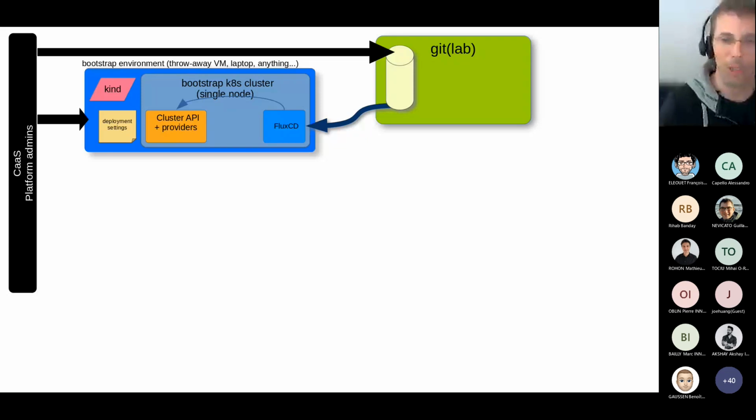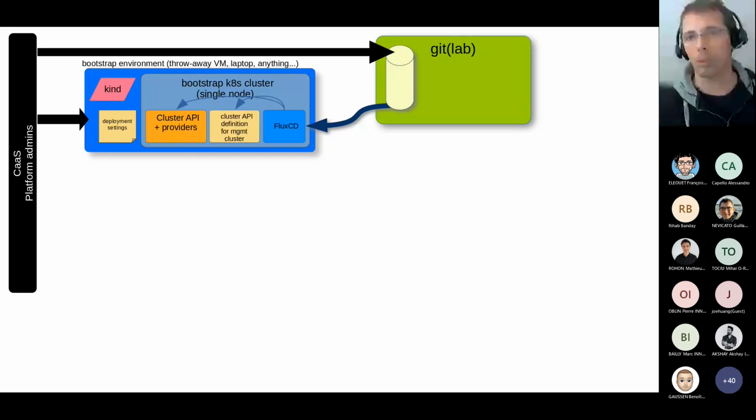And what we also define as Flux resources is the Kubernetes resources based on the cluster API CRDs that define the management cluster itself.